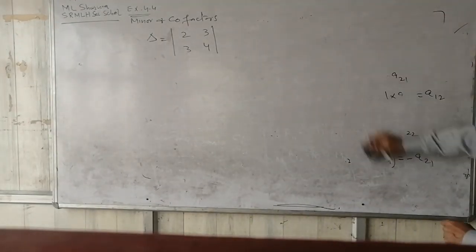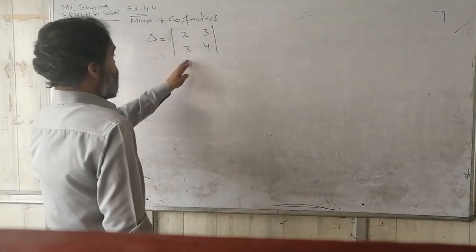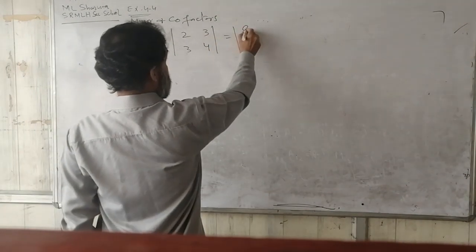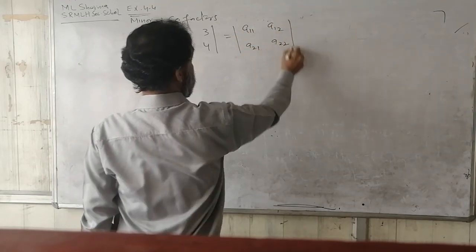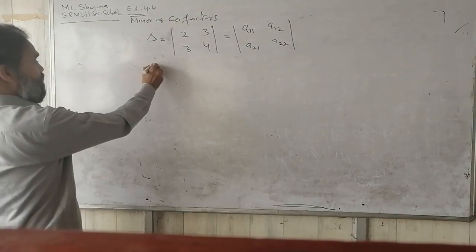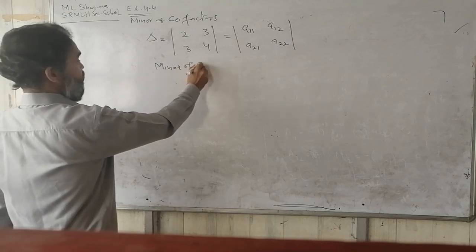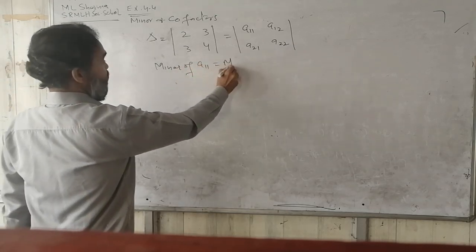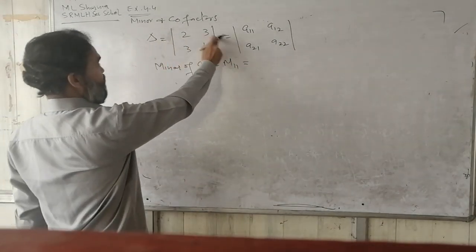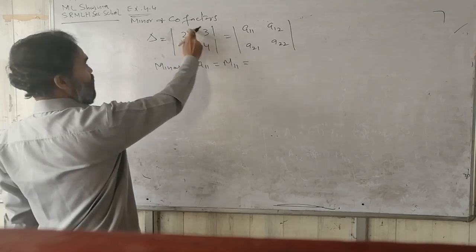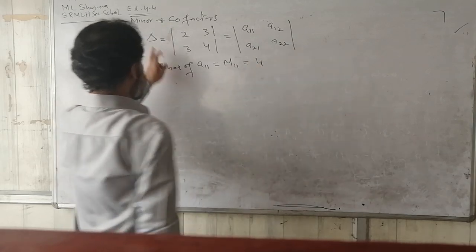What I have to do here is find the minors and cofactors. So first the minor. For this, delete this row and this column. When this row and this column are deleted, 4 is left. So the minor of this is simply 4.